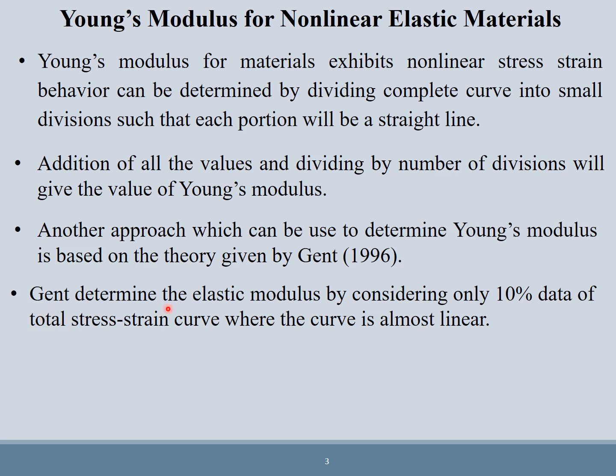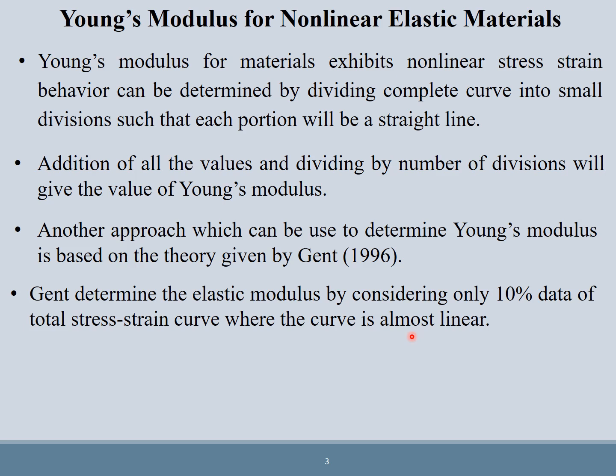So Ghent determined the elastic modulus by considering only 10% data of the total stress strain curve, where the curve is almost linear. Okay, so I hope you understand that instead of taking the complete curve, what Ghent did was take just the initial 10% of the data and try to fit a straight line on that curve.